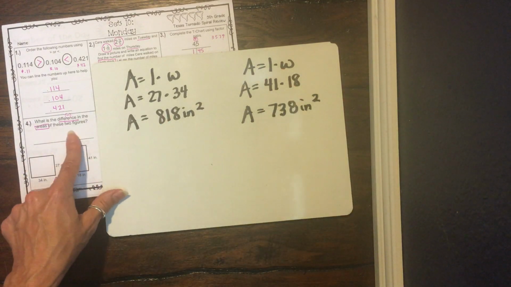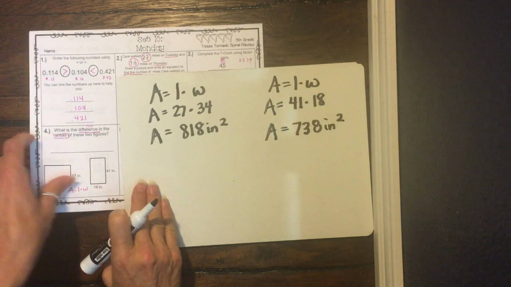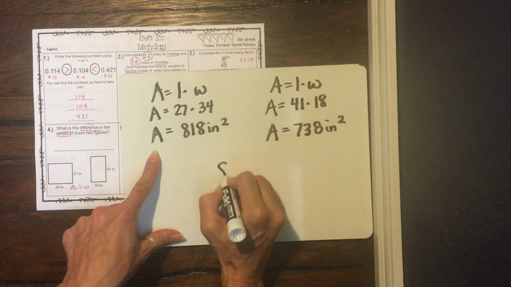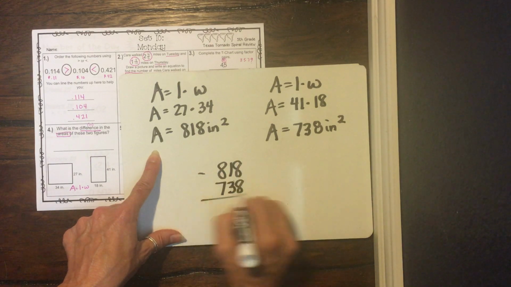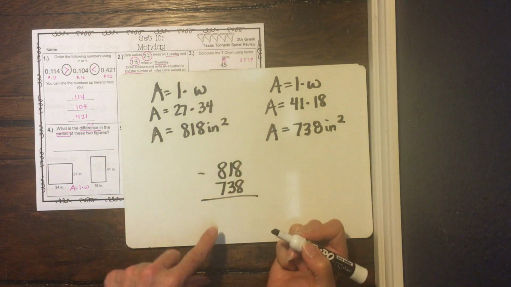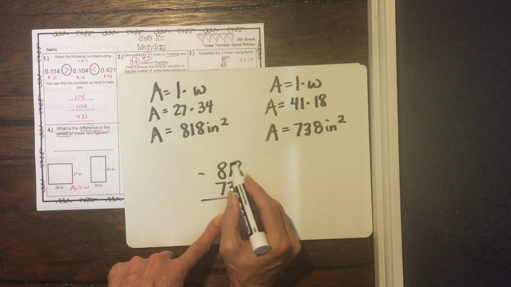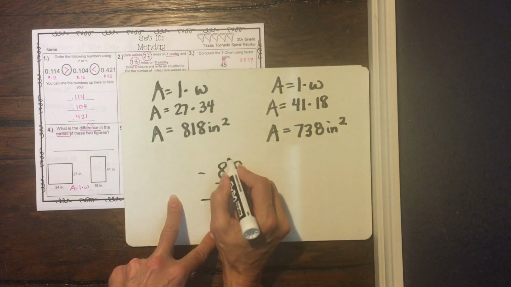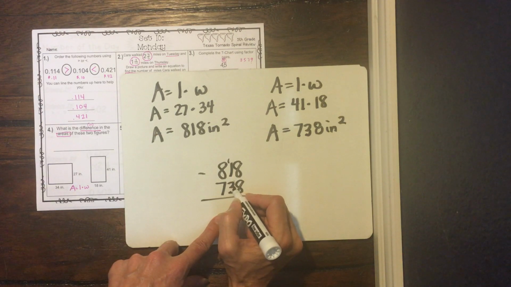But we're finding the what? We're finding the difference. So if we're finding the difference, we have to subtract these two numbers. So our biggest number needs to go on the top if we're subtracting. Okay, remember we subtract differently. So 8 minus 7 is 1, but does our friend need help? Yes. So we take that 1 away, we subtract 1 away and give it to our friend, which left us with 0. 11 minus 3 is 8.